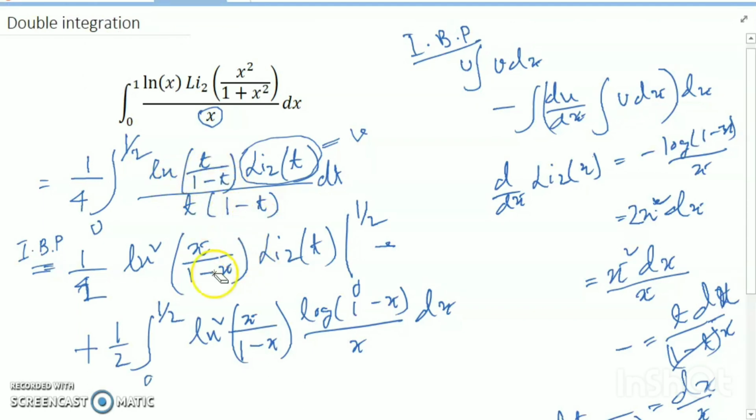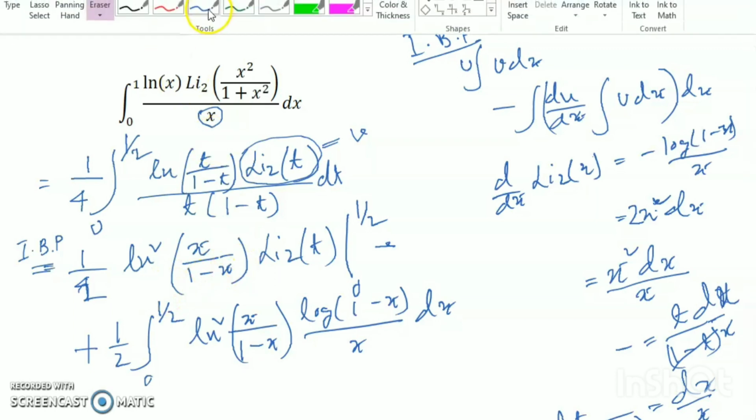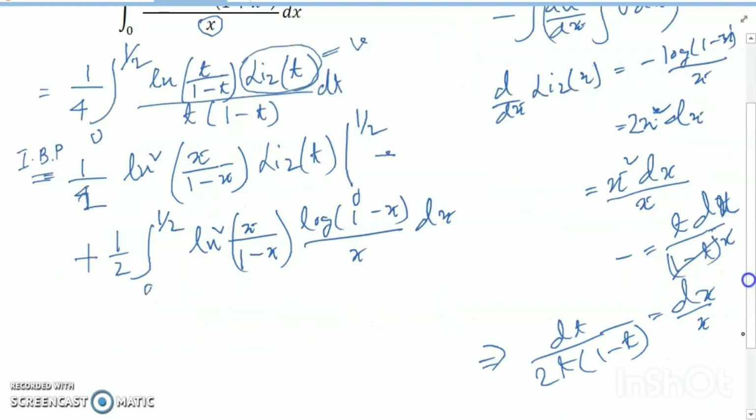Okay, so I hope you understand. Now just putting the value x equals half, what is the value of Li2(half)? I get it is 0, because half into half minus half is equal to 0, so this portion is cut.